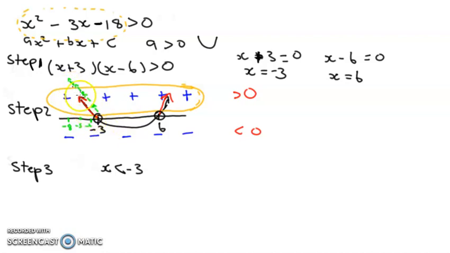So the graph will always be satisfied by all these values here. And these values here are found where x is less than -3. As you move up here, the negative values are also decreasing towards negative infinity. So it's all the x values that are less than -3.